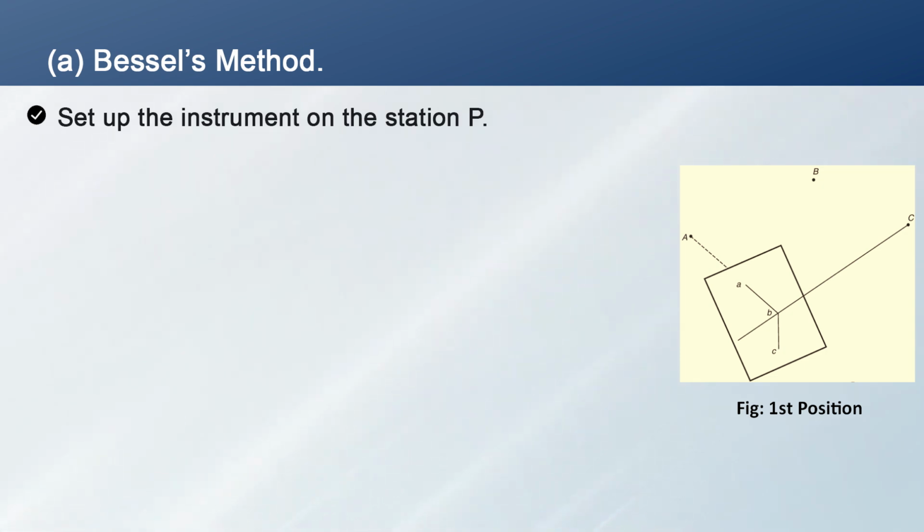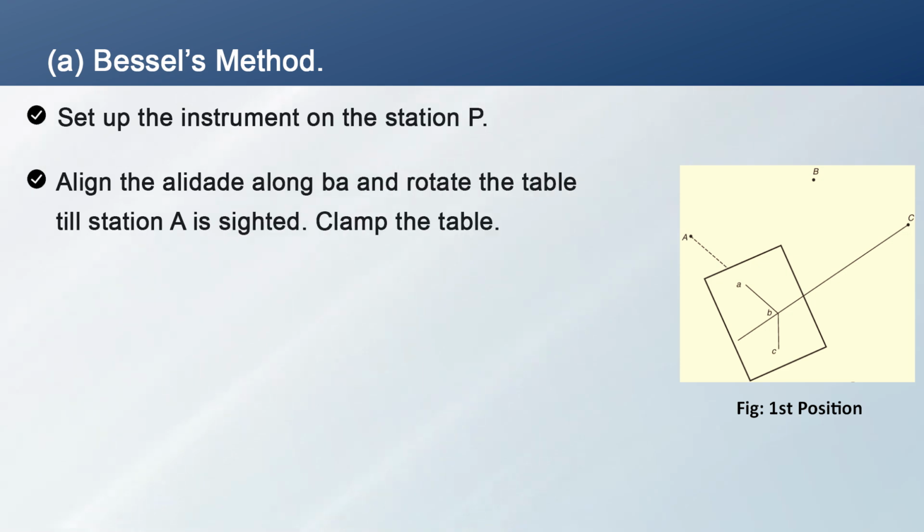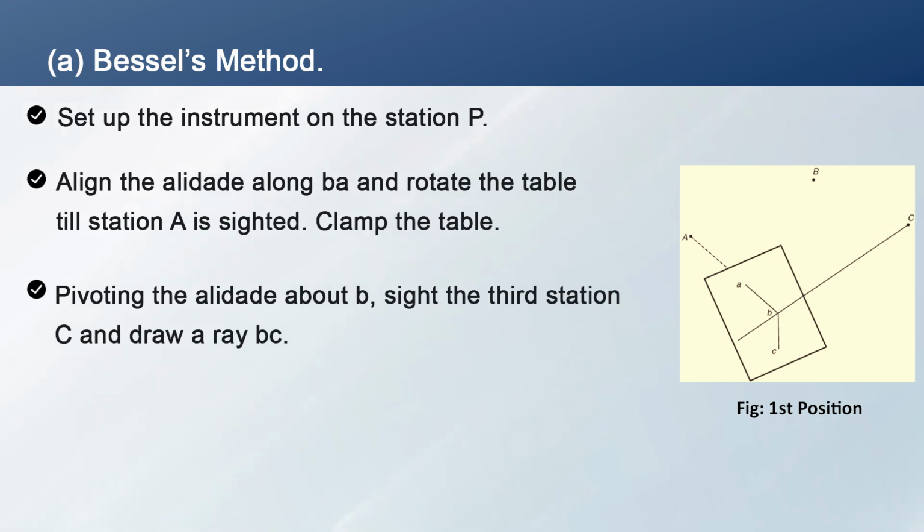First, set up the instrument on station P, align the alidade along b to a and rotate the table till station A is sighted and clamp the table. Pivoting the alidade about small b and sighting the third station C, draw a ray along small bc. You can see it in the given figure 1.